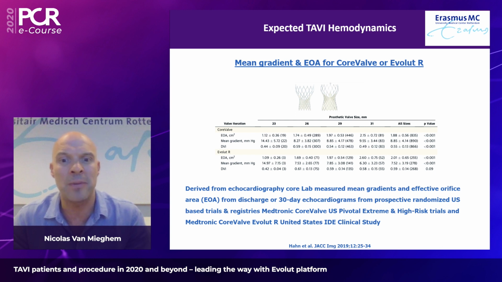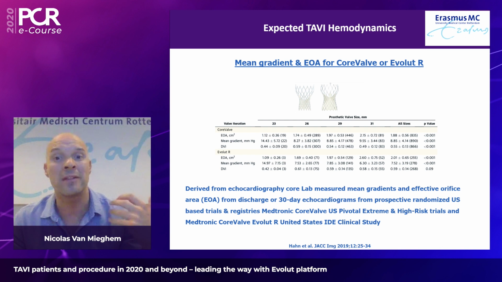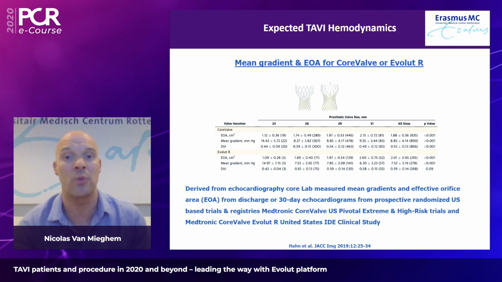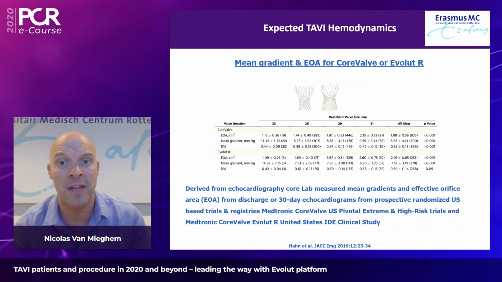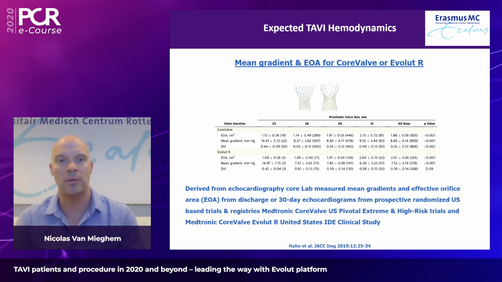And this is a recent paper by Mieghem that helps us estimate what the Doppler velocity index would be with an Evolut valve. And this is the lowest row. You can see that basically above the valve of 23 millimeters, so if you use an Evolut of 26 to 29 and even take the XL, then basically the Doppler velocity index will remain the same and will be around 0.6, which is a high number.